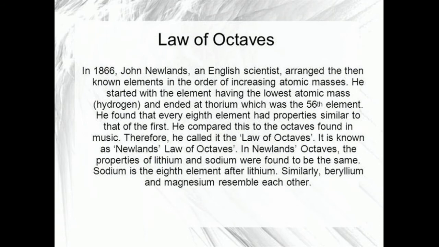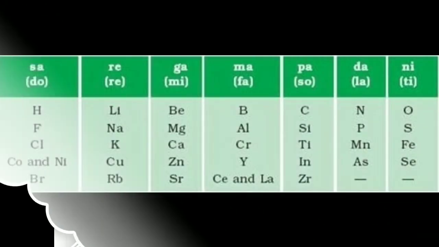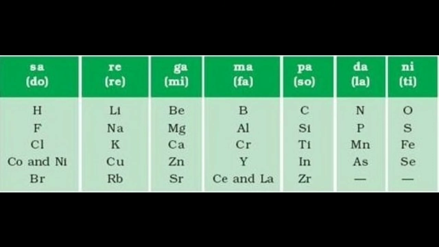They did not have neon or any other noble gases. So after lithium, the 8th element was found to be sodium, and by his luck, the properties matched. Similarly, beryllium and magnesium resemble each other. A part of the original form of Newlands' octaves is shown.